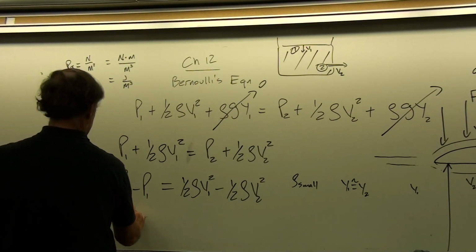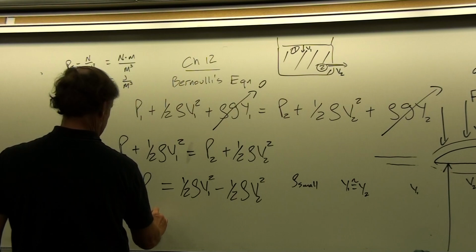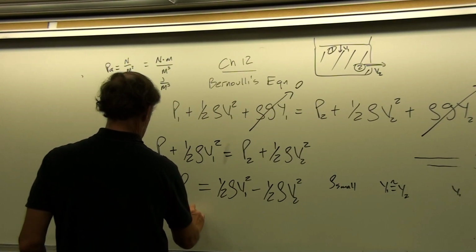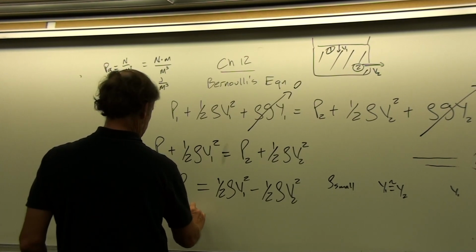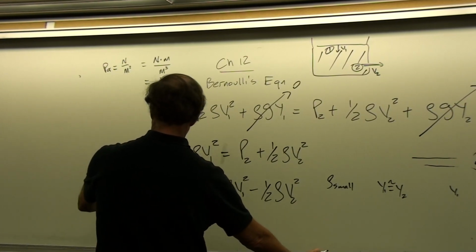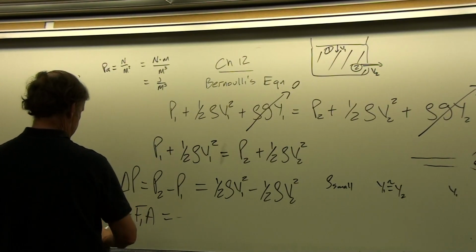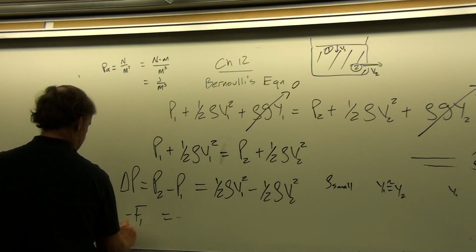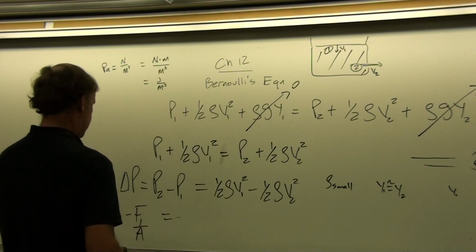And so that's just equal to, P is F over A. So this is going to be F2 over A minus F1 over A. There.